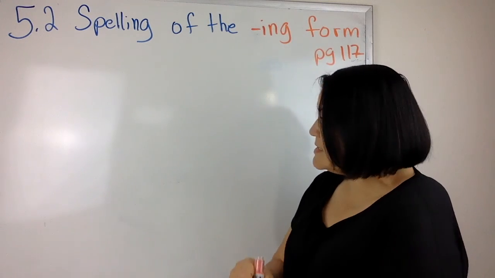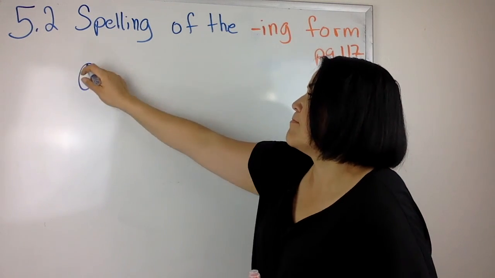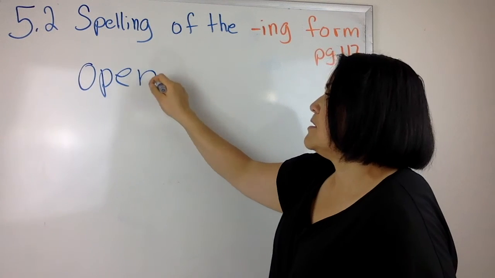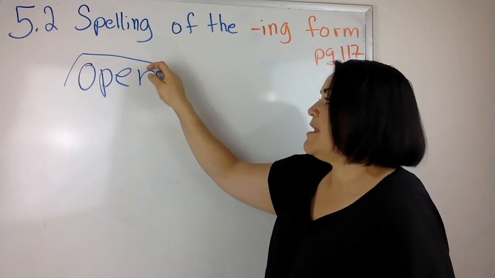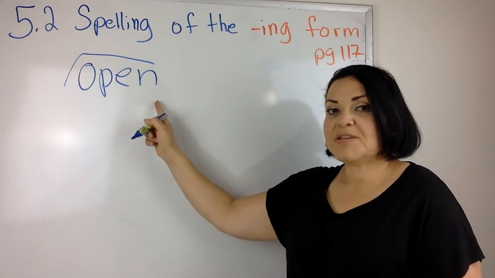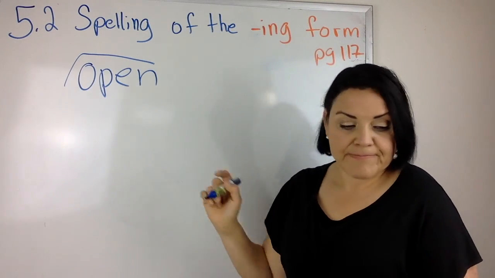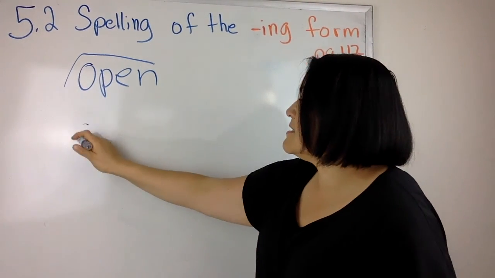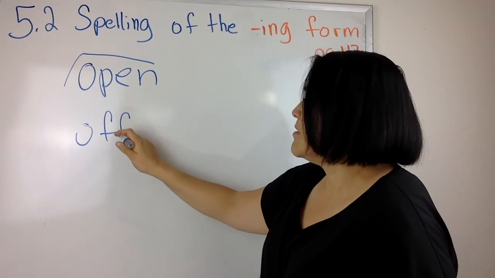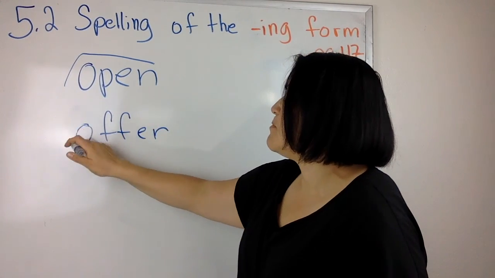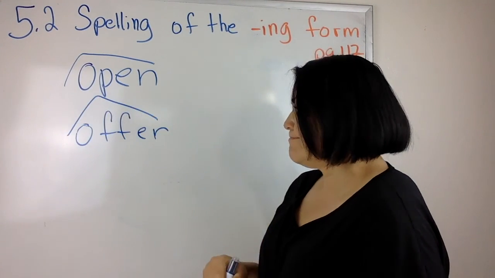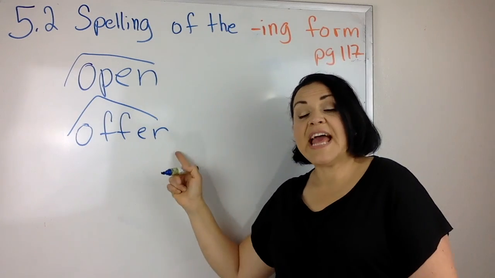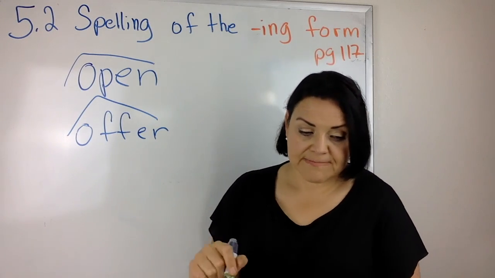So the next one is open. It's actually open. This one doesn't go up. The next word is offer, and this part's going up. So that means the ending is not stressed.